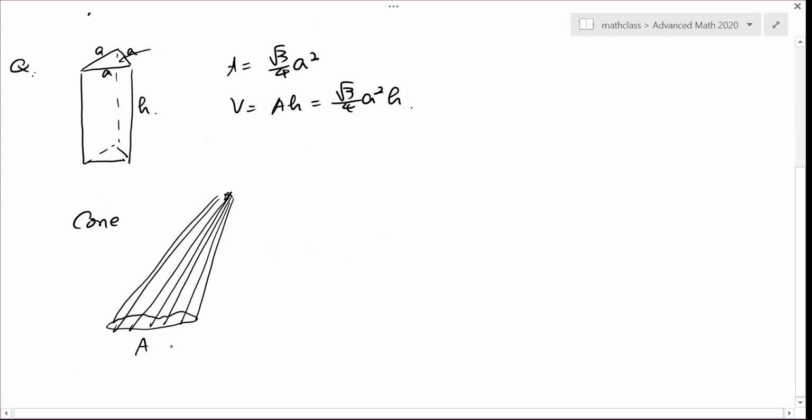So if A is the area of the base, you can still talk about the height. The volume of a cone will be similar to the volume of a cylinder, but this time it lost 2/3 of the volume, so only 1/3 of the product.